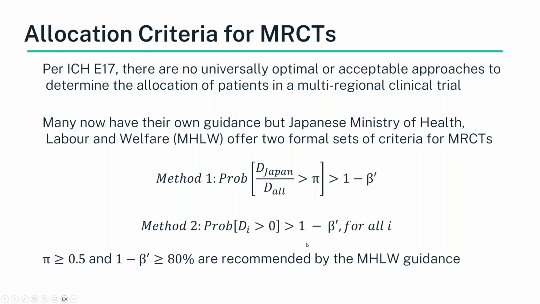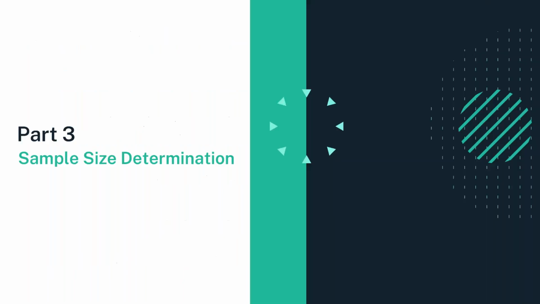And so the guidance put forward these two methods but didn't include, sorry, I should say, sample size calculations. And so there's been many papers discussing this, and so that's going to segue us into our next section, which is on sample size determination.